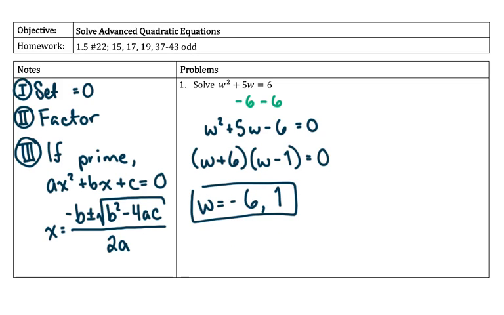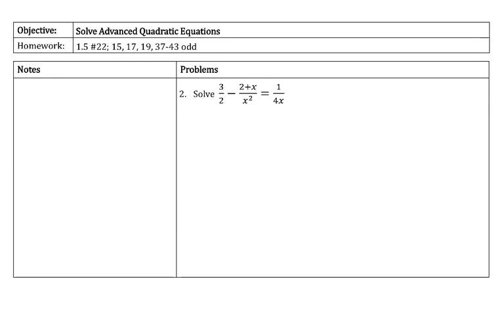Now, let's look at a few more tricky examples. Here, we have 3 over 2 minus 2 plus x over x squared equals 1 over 4x. Now here, we see we've got a quadratic, but we also have fractions that are being added and subtracted.